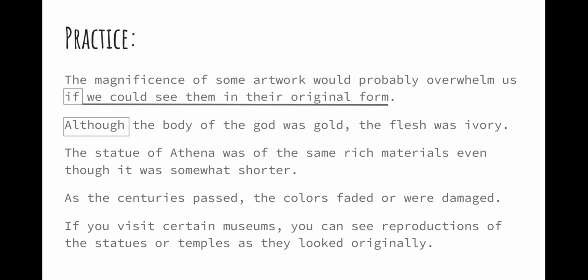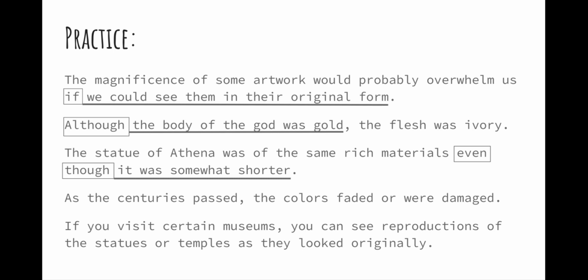The third example: the statue of Athena was of the same rich materials, even though it was somewhat shorter. So what's the subordinate conjunction there? Hopefully you said even though. What's the dependent clause? Even though it was somewhat shorter. So that's the dependent clause connected to the statue of Athena was of the same rich materials.